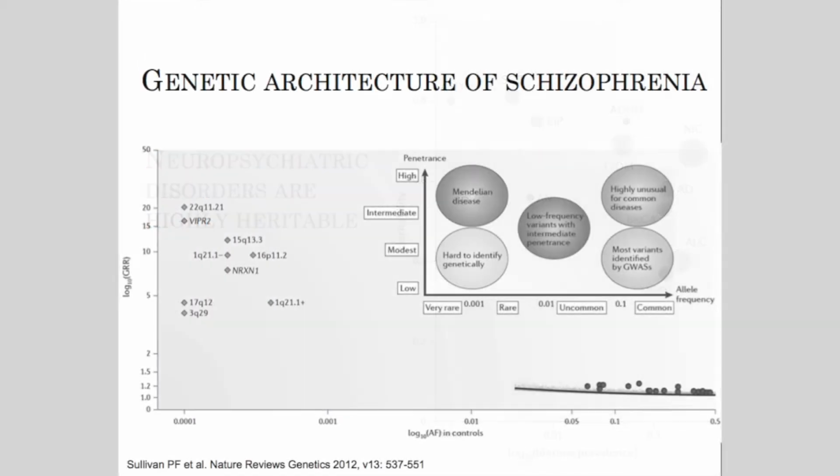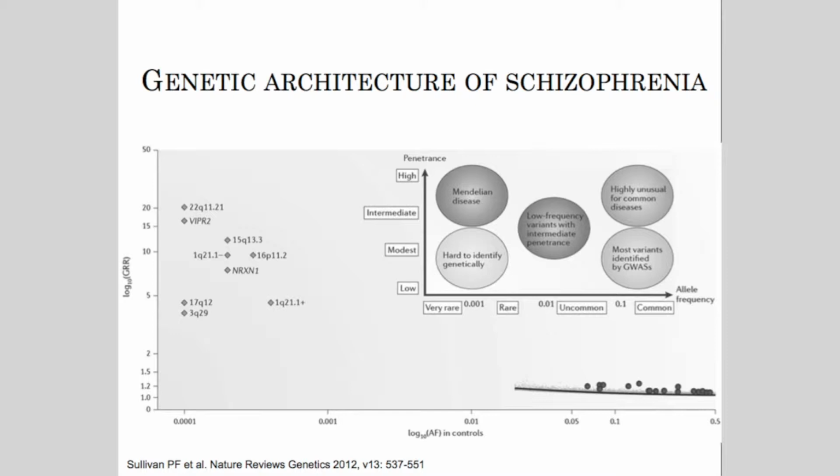This is another graph that tries to illustrate the kind of genetic structure that many psychiatric disorders, and in fact many common disorders, have. The message with this slide is that there are two different main groups of genetic variants that can affect susceptibility to complex disease.